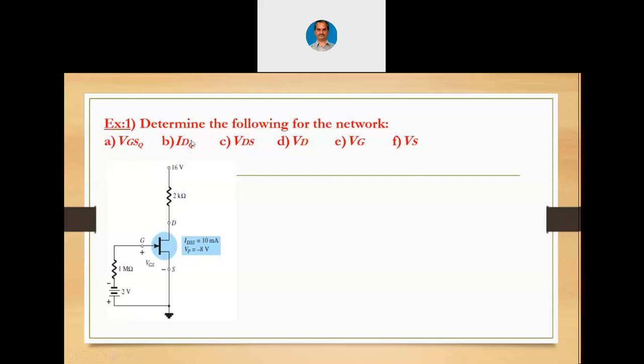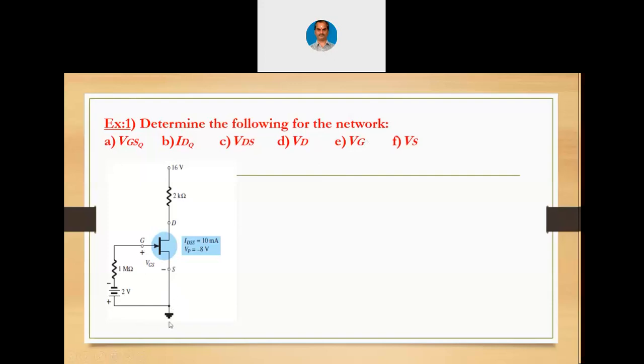We have to find out IDQ. IDQ we have to find out mathematically later on. VDS we have to find out. VD, drain voltage we have to find out. Drain voltage is same as VDS because source is grounded. VG we have to find out. VG is nothing but VGG as source is grounded, right? VS we have to find out.